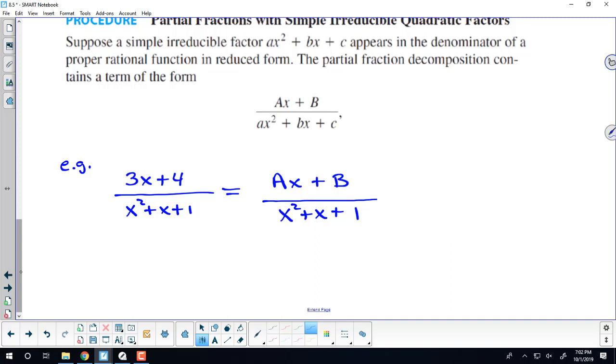I mean, this one's pretty trivial, but just an example. Would it be 3x and 4? Yeah, it's 3x and 4. So this one is probably not a good example because partial fractions doesn't really help with it.